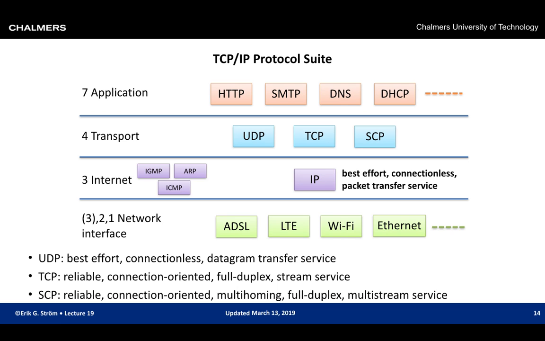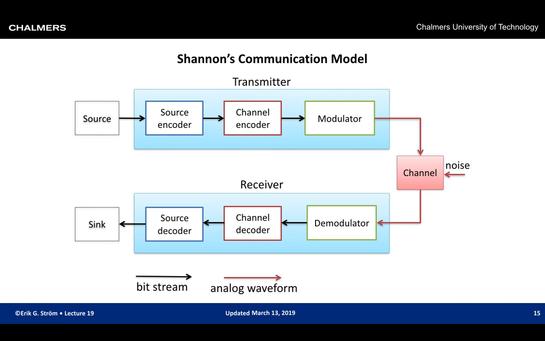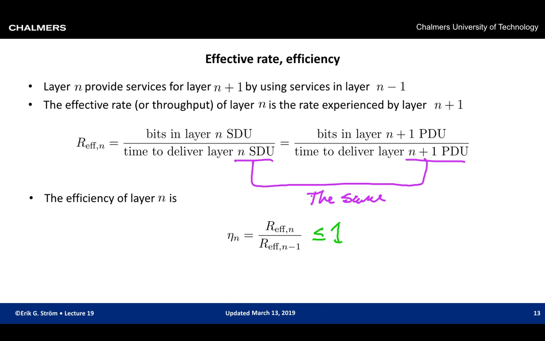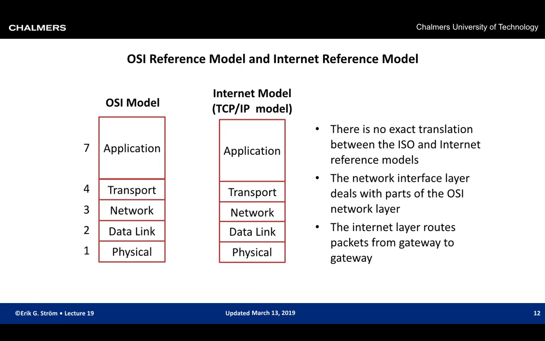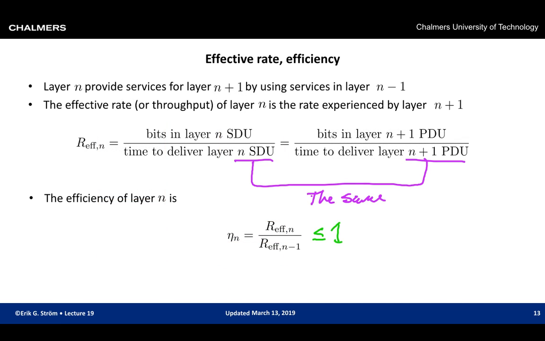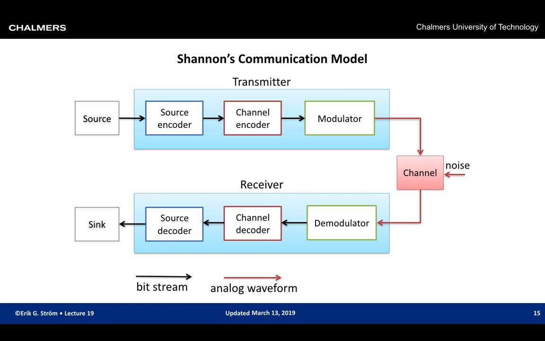Then we talked about, if we go back a little bit to the OSI model, if we talk about the physical layer, there exists a specific model for the physical layer also, and that's called the Shannon communication model.